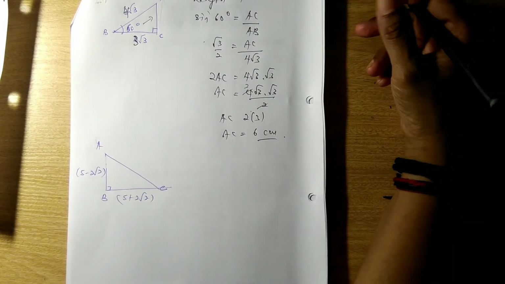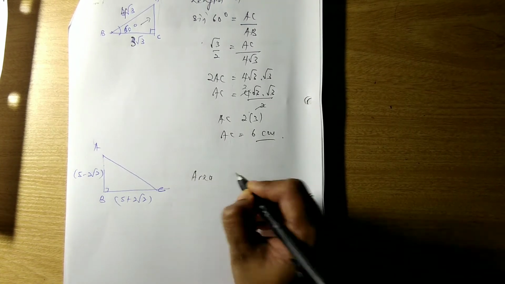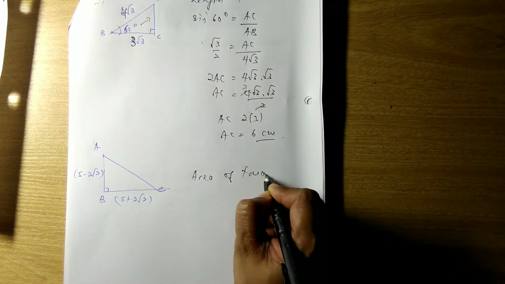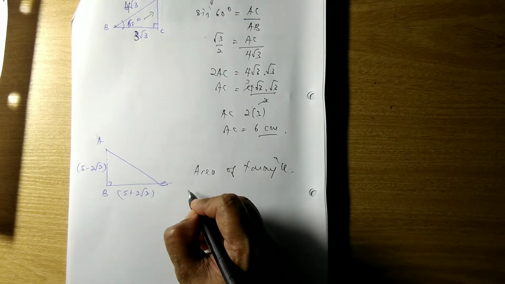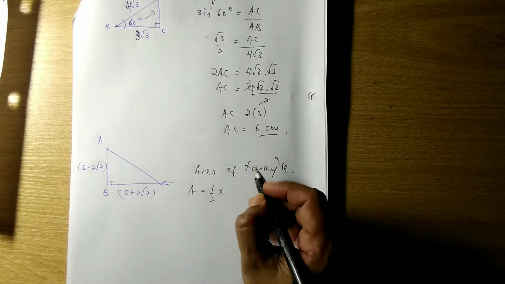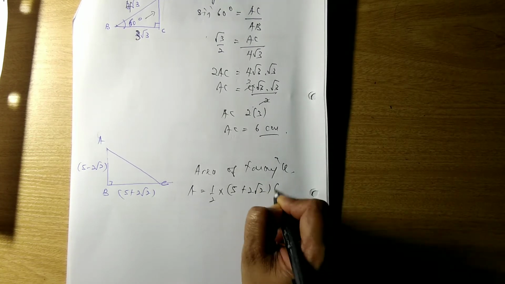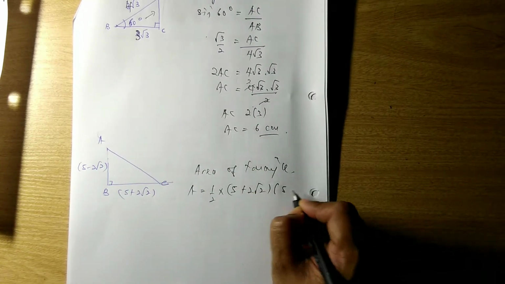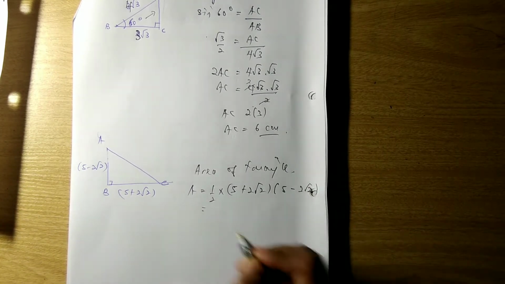Another question. Let's say you're given a triangle and the question is looking for the area of the triangle. Your area will be half base times height. My base is 5 plus 2√2. My height is 5 minus 2√2.